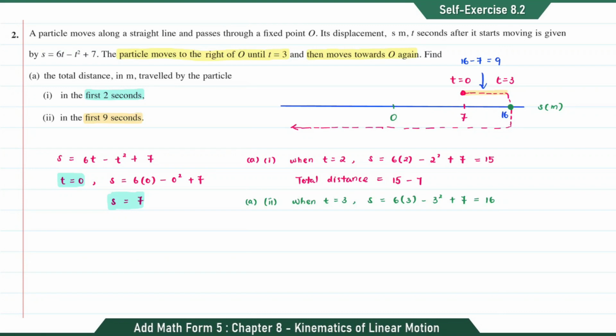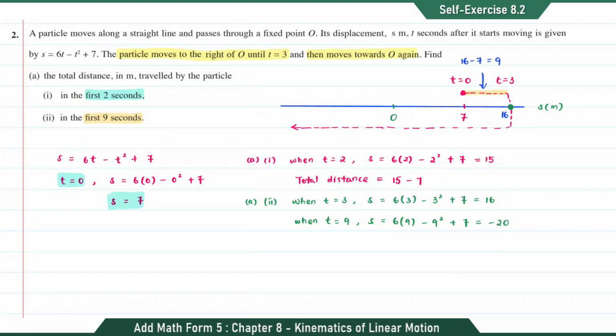From t equal to 3 onwards, the particle is moving to the left-hand side. So here we want to find the position of the particle at t equal to 9. So s is equal to 6 times 9 minus 9 squared plus 7, which is equal to negative 20.